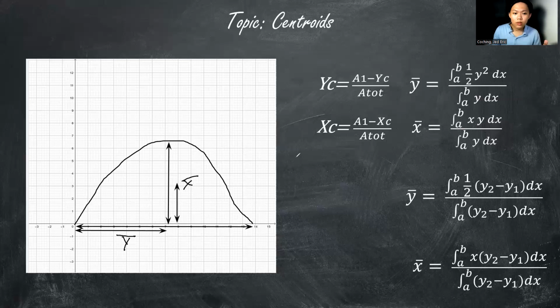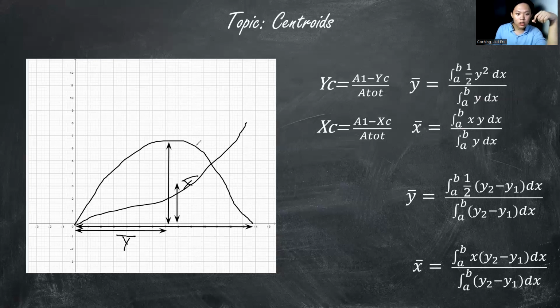And here on the bottom we have the formula we need in order to get the centroids of areas between curves. As we can remember, in order to get the area between curves, we need to subtract the curves.